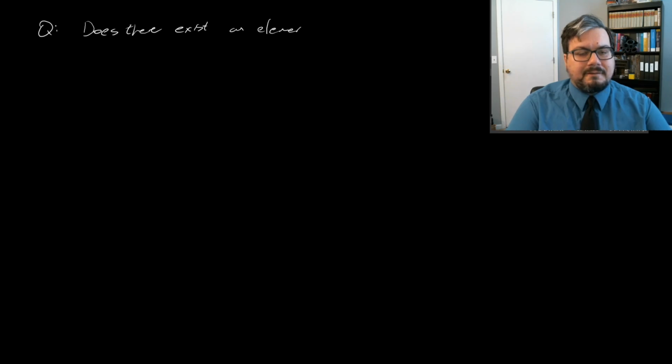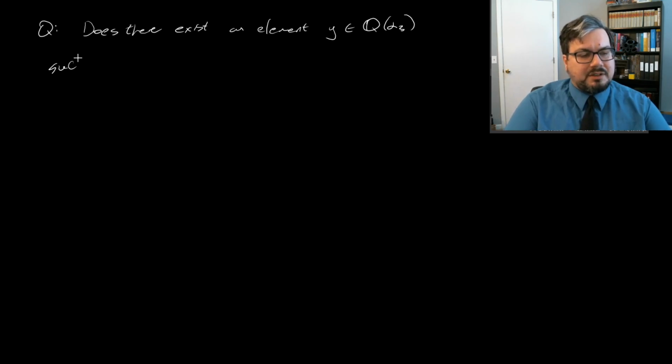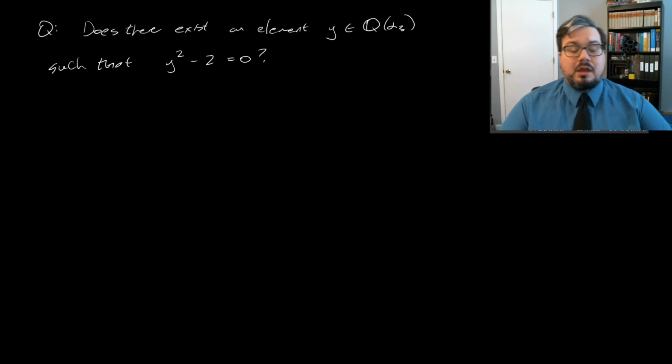So the question we consider right now is, does there exist an element, I'll call it y, in Q(alpha 3), such that y squared minus 2 equals 0.